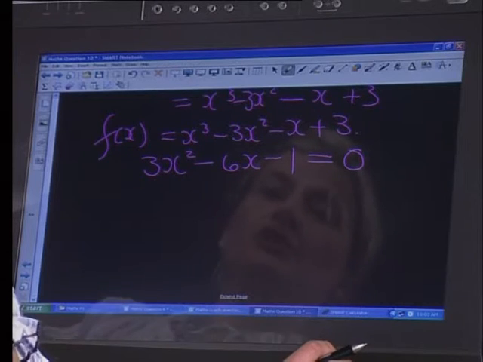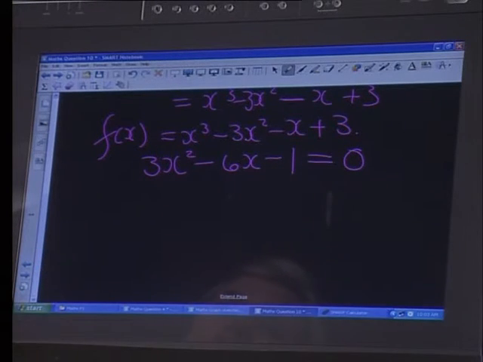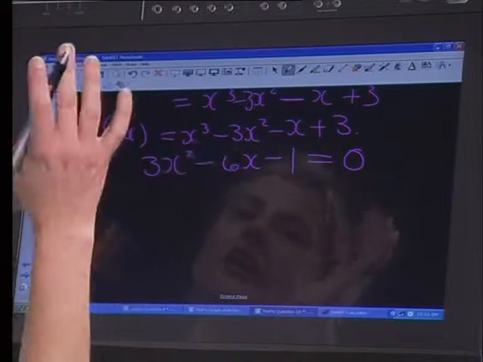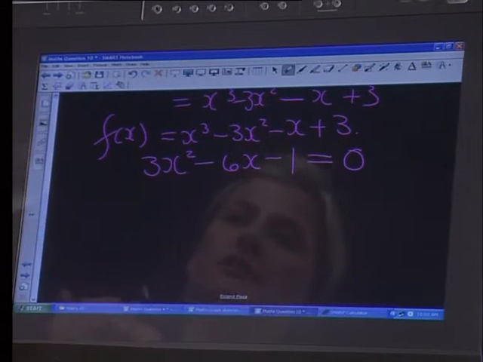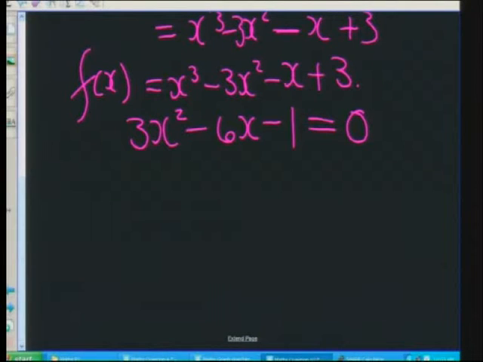Okay. So let's just talk through what we are going to do next. How am I going to solve? To find a factor. But I've already seen that there aren't any factors here. So what else can I do?